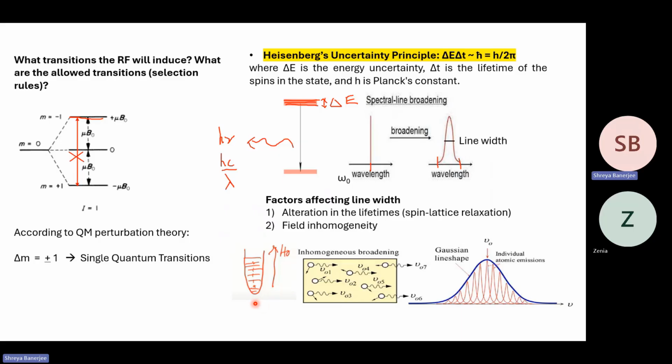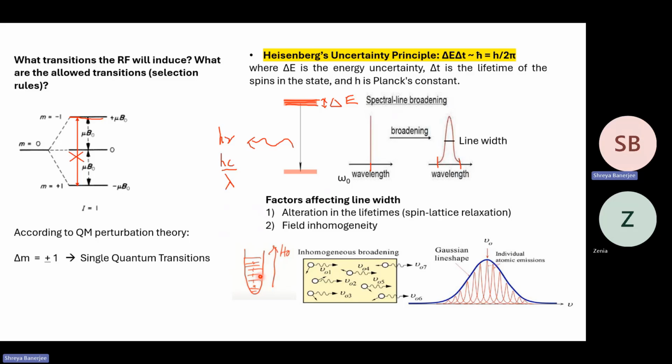Another reason for line broadening is that, suppose this is the NMR tube, there are different molecules in different regions of the tube. So far we have considered an ideal case where a uniform external magnetic field, H0, is supplied. But in reality, if your NMR spectrometer is not good enough, the external magnetic field is inhomogeneous.